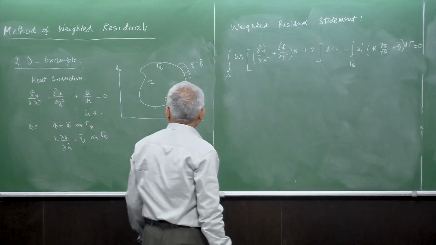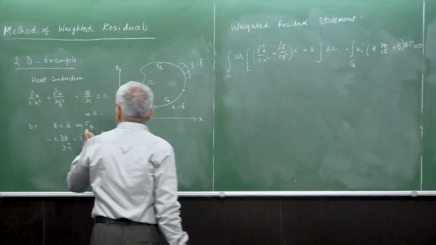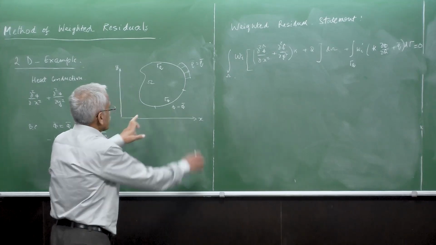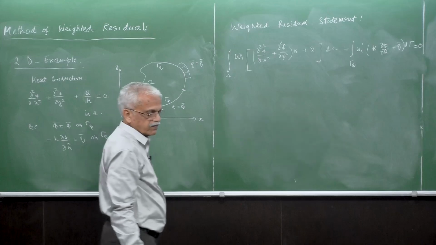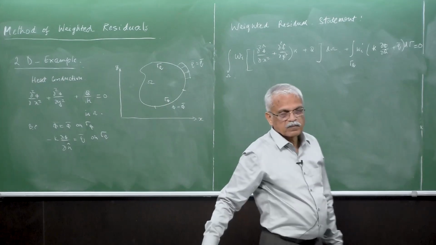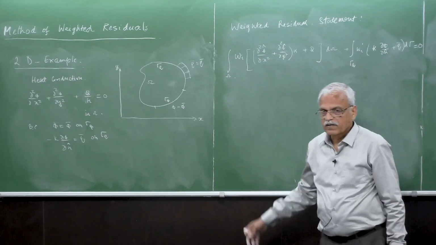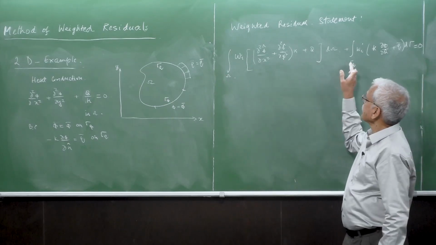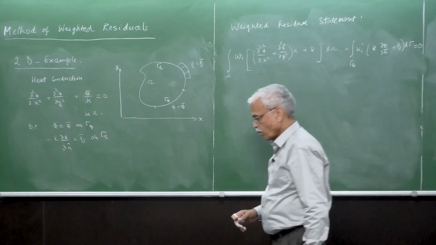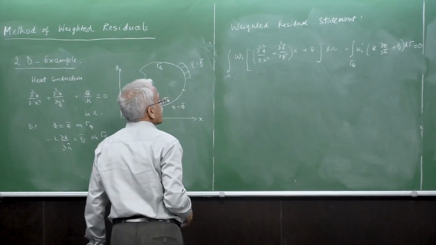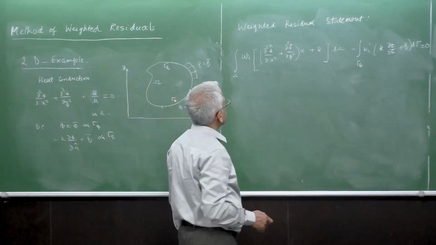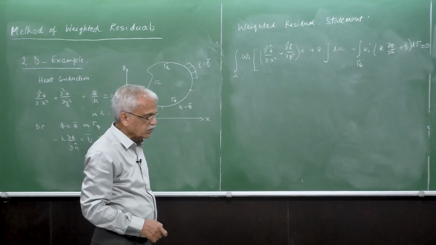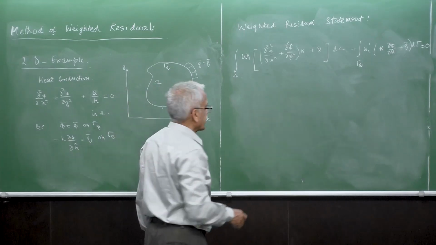Okay, as I was saying, this boundary condition on gamma phi part of the boundary is not difficult to satisfy. So we assume that the phi hat satisfies that before we put it into this one, and the only thing that's left out is the gamma q boundary condition. So let us do this. What we have here, we need to do the partial integration. So let us take one term by one term.